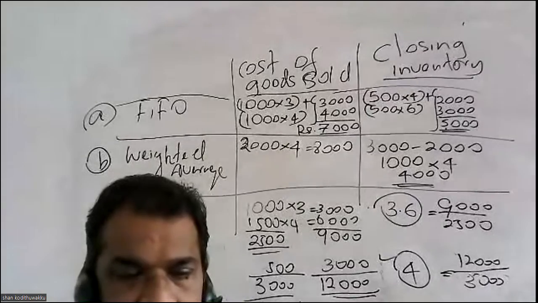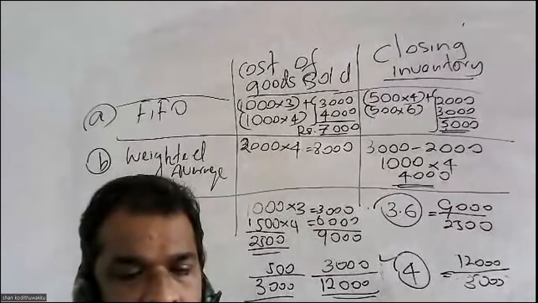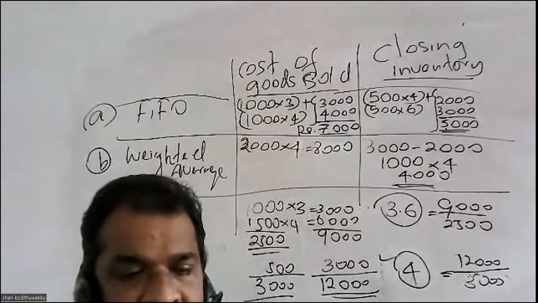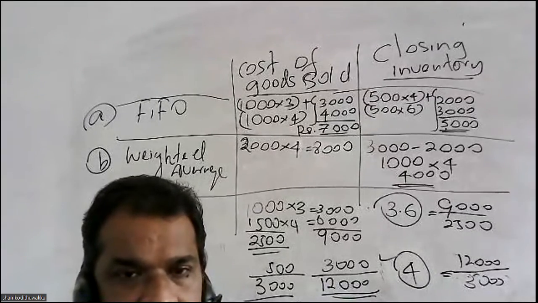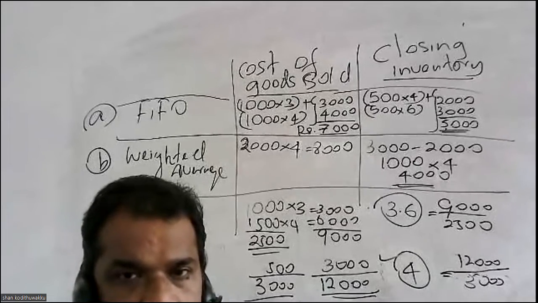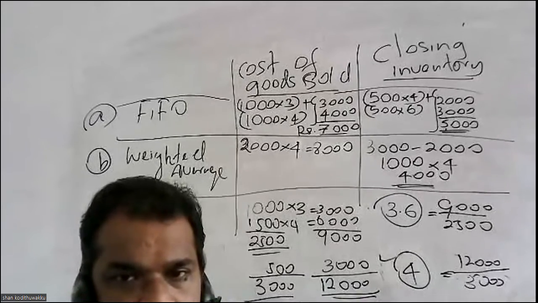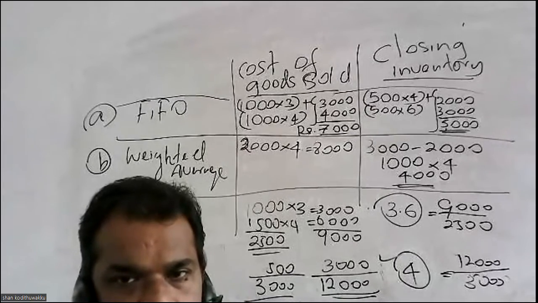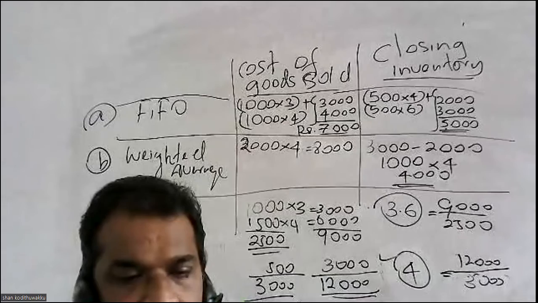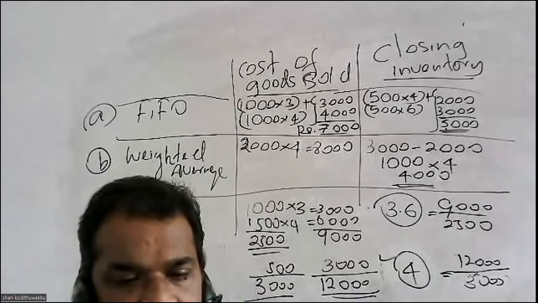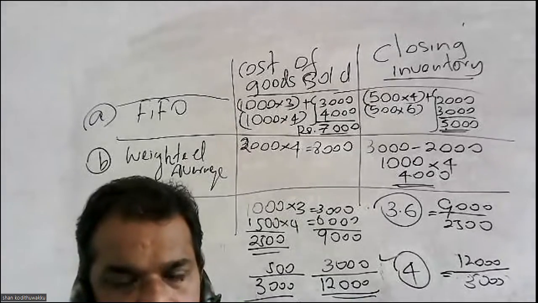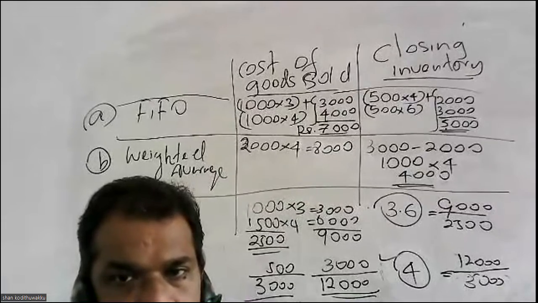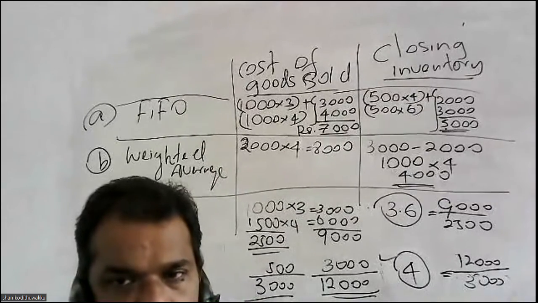Under FIFO, we sold 2,000 units on 28th July. We issued from the oldest stock. We use the opening balance 1,000 at 3, that is 3,000. Then the balance 1,000 from the first purchase of 1,500 units at 4, that is 4,000. Altogether, cost of goods sold is 3,000 plus 4,000, 7,000.